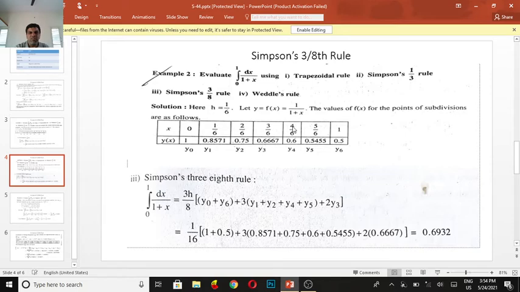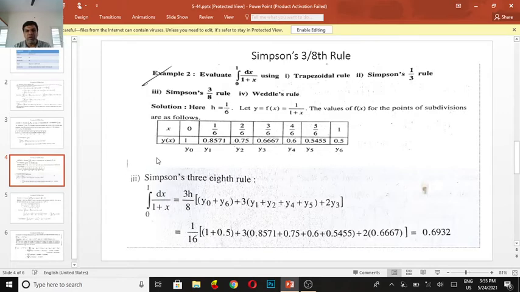If x is 4 by 6, y is 0.6. If x is 5 by 6, f of x is 0.5455. If x is 1, f of x is 0.5. So I call these y0, y1, y2, y3, y4, y5, y6.